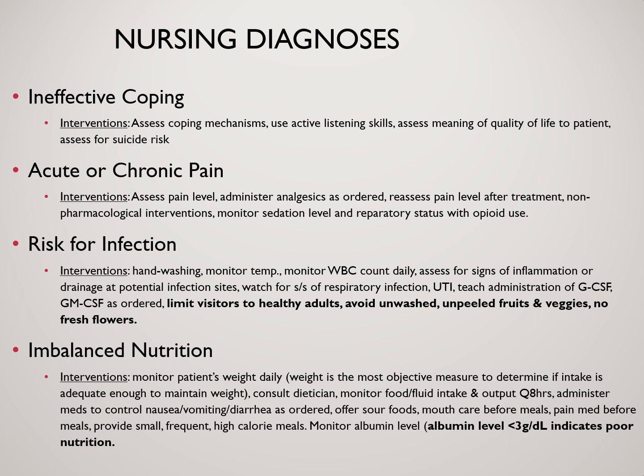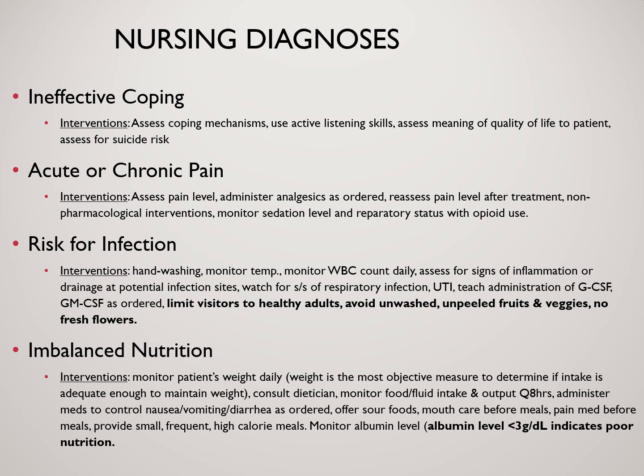Assess for signs of inflammation or drainage at a potential infection site, like an old aspiration site or a lesion, incision, things like that. So check their skin very good. Watch for signs of respiratory infection, like shortness of breath and cough and sore throat, sputum.